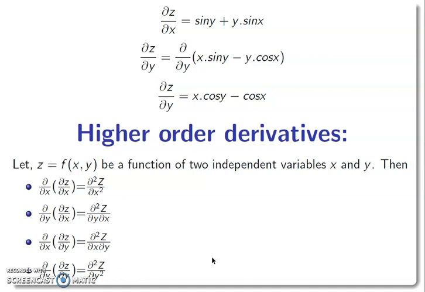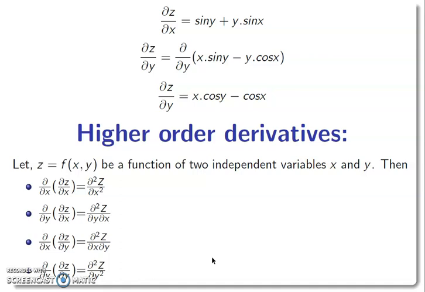Here I have supposed the function z has two variables x and y. We can suppose function z has three variables x, y and t. Okay, so what will be changed? Then we can find three values: dou z by dou x, dou z by dou y and dou z by dou t. So while finding dou z by dou x, we have to find the partial derivative of z with respect to x.